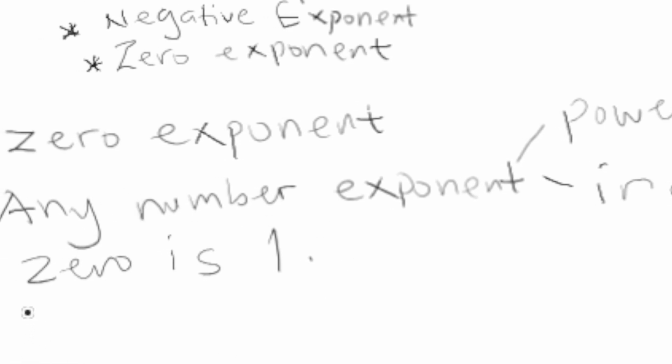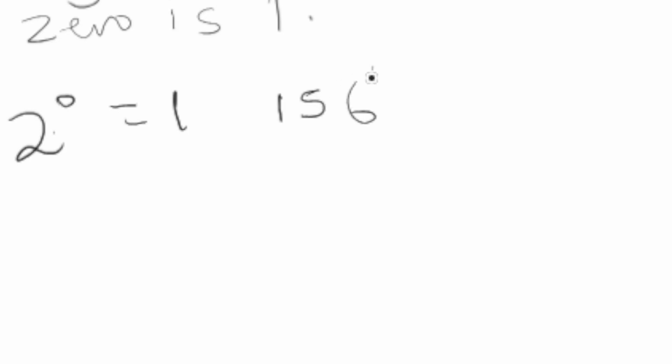So let's say, for example, two exponent 0 is equal to 1. 156 exponent 0 is equal to 1.